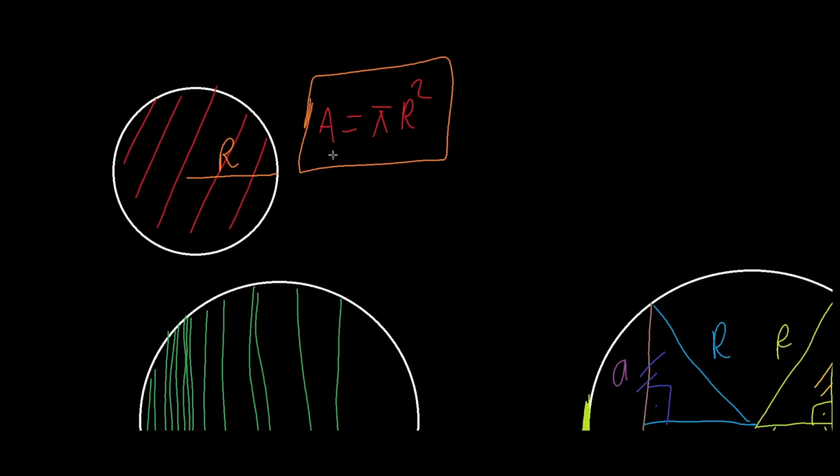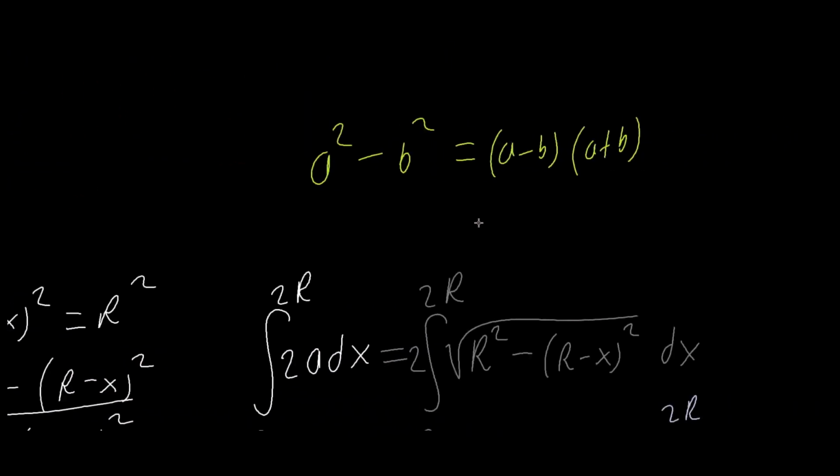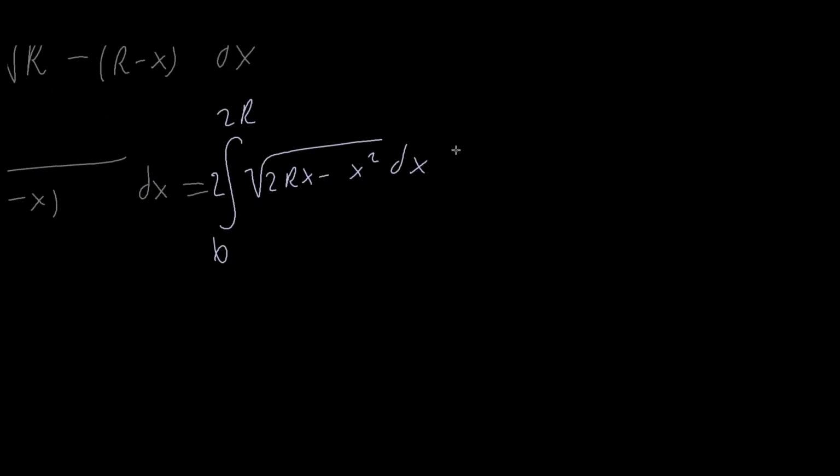Now, we have talked about that the area of a circle can also be written as pi r squared, right? Using that formula, this is equal to pi r squared.